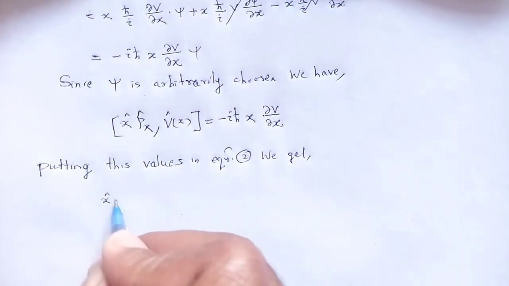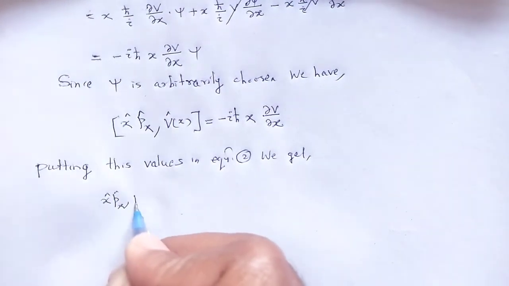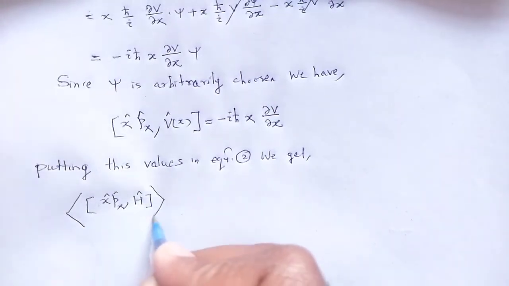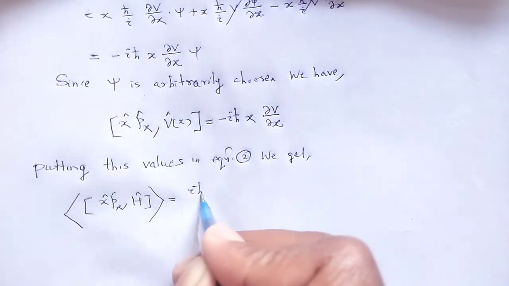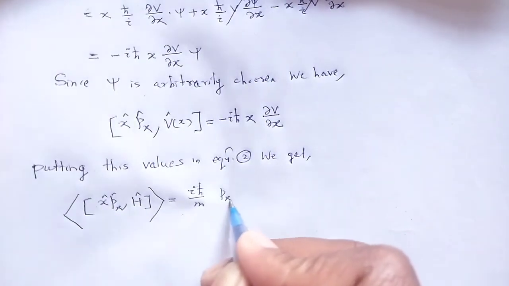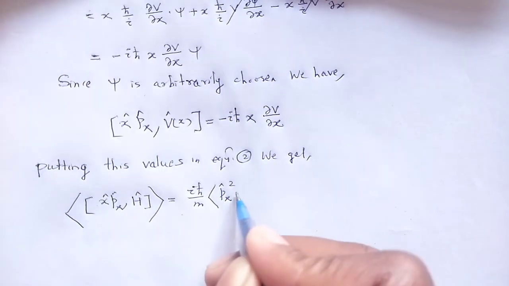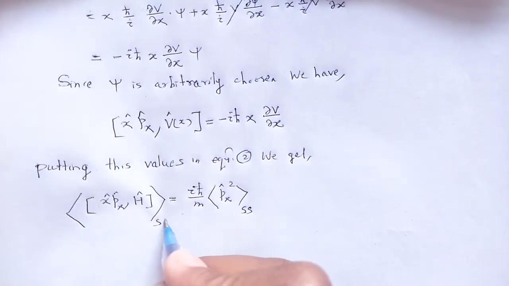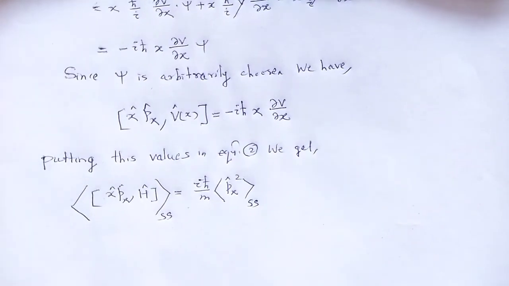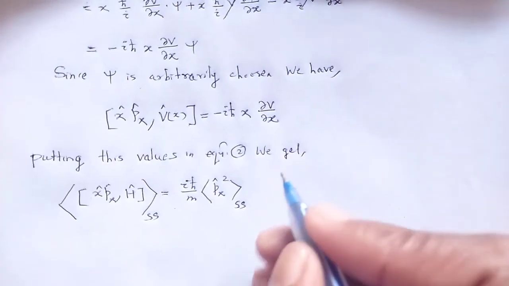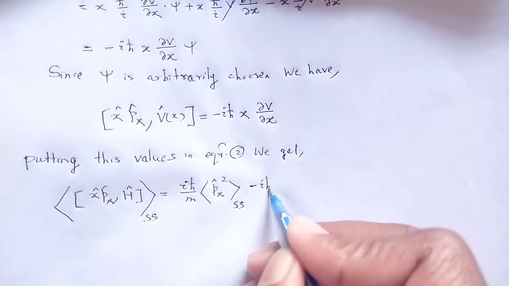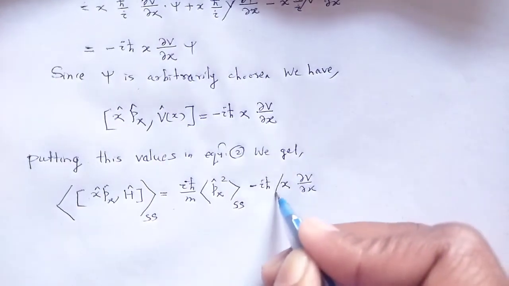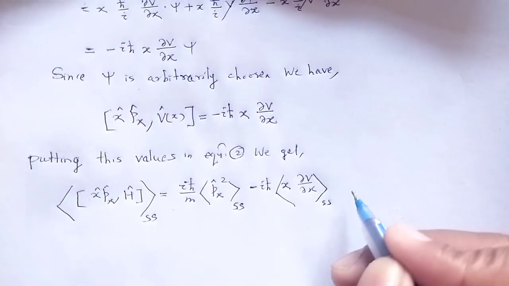the commutator bracket of x cap px cap with h cap, its expectation will be i h cross divided by m, px square expectation for that of stationary state. Here we consider the system which is in a stationary state, minus i by h cross i h cross x del v by del x at stationary state.